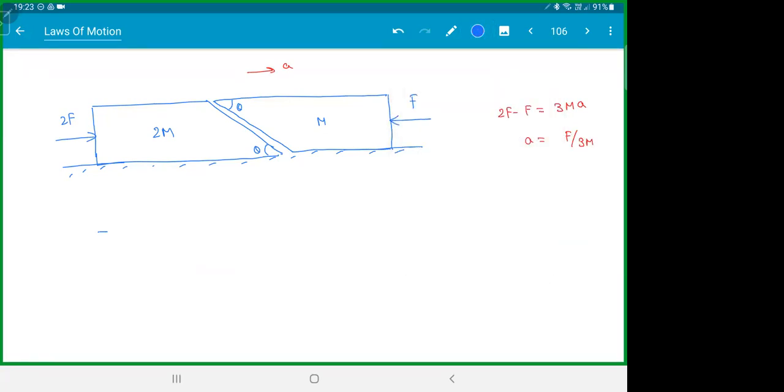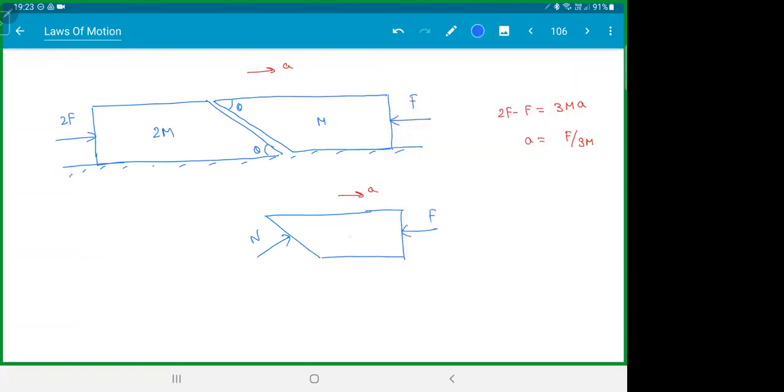I will choose the 2m guy. Draw the FBD. 2F. This is the normal reaction. I'll do one thing, I'll take the m guy because I need to find that also. This is N. This is F. You could have taken 2m also, but this is the acceleration a.